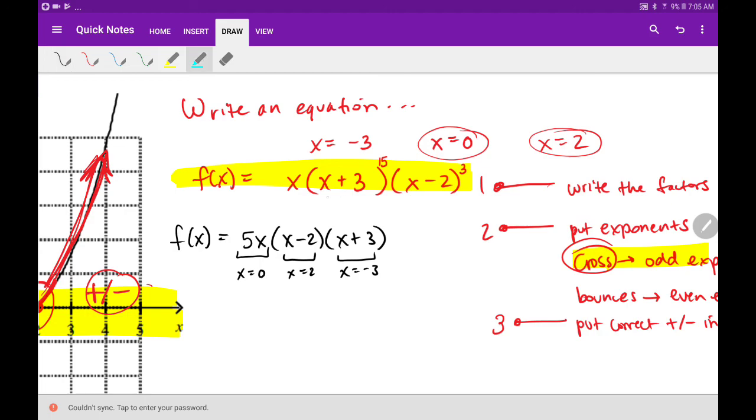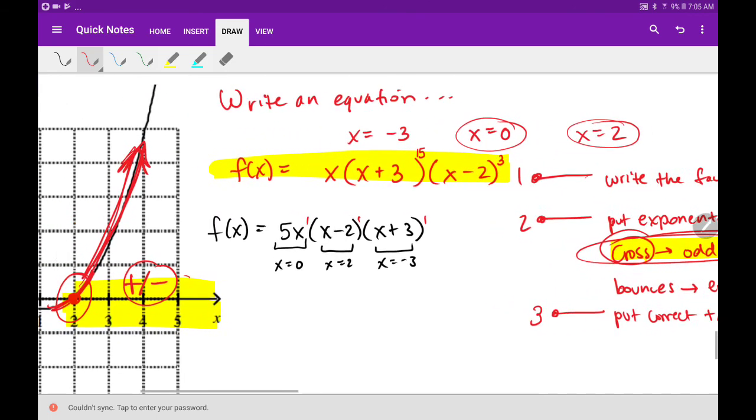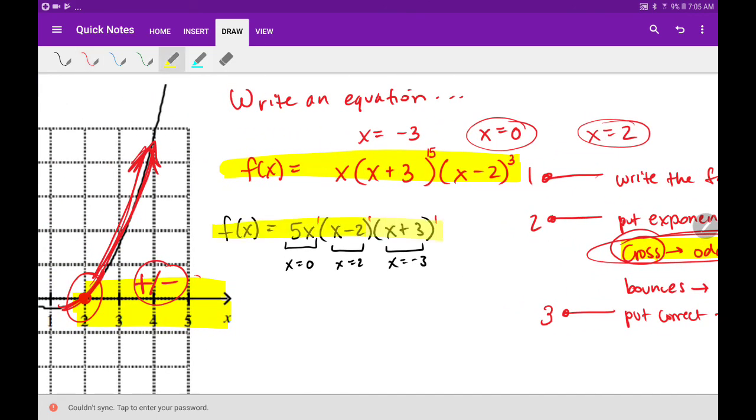So what I did is I switched these orders as well. And that's fine. You can multiply them in any order. It doesn't matter. And then the other thing I did is I just made all of my exponents invisible, which means they're all 1s, which is good because I just need them to be odd. So whether you did something like this here or like this, both perfectly fine, and we're good to go.